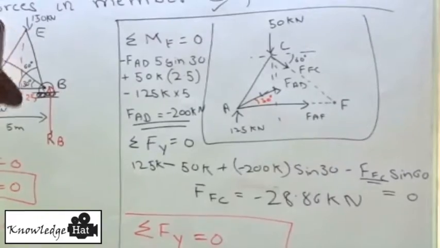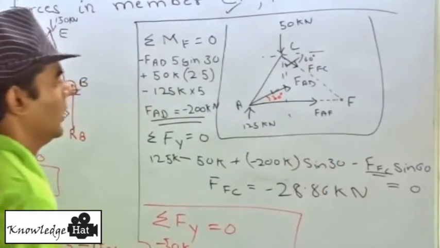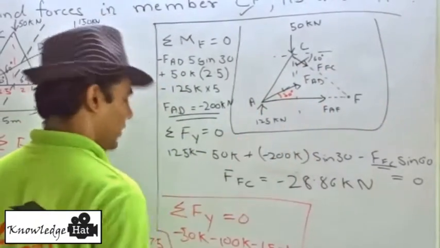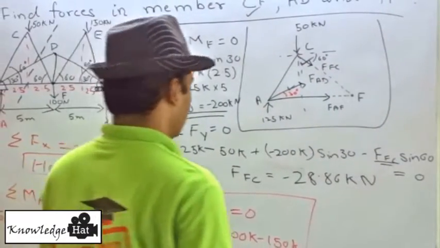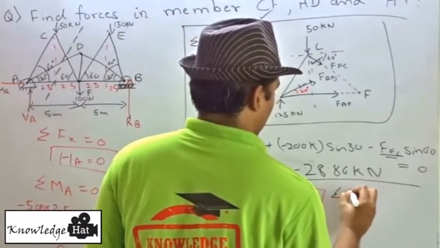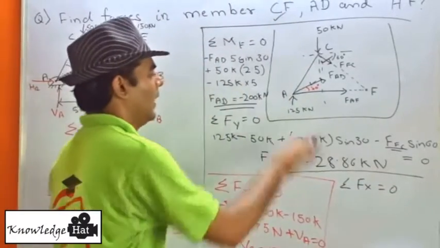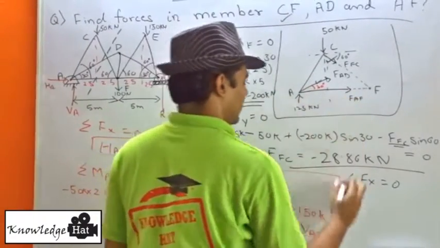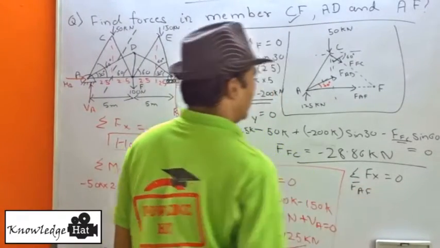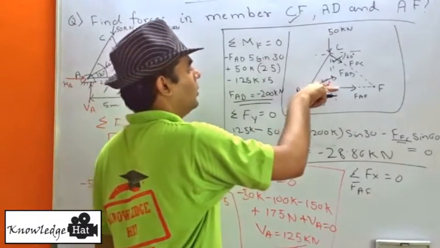Now we have another force with us. This is force FC. The only one remaining is AF, which is in horizontal direction. So we take summation of Fx equated to 0. AF is unknown to us, so this will remain as FAF. We have two other forces which will have horizontal component.